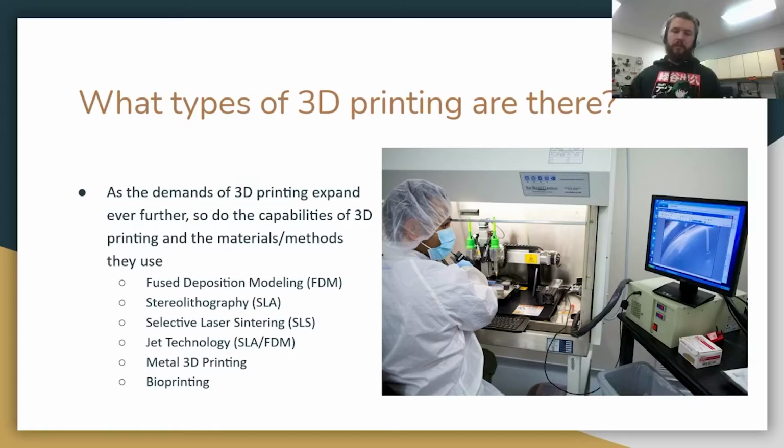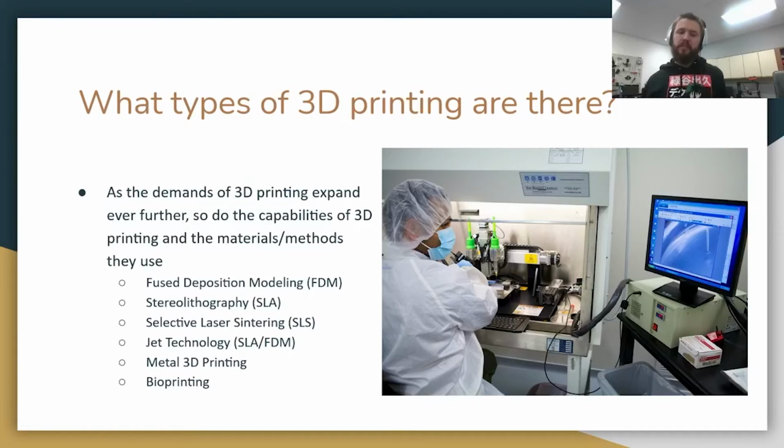So, I said earlier that we'd talk just a bit about 3D printing and what kinds of 3D printing there are. Just to run through the list real quick, we have six fused deposition modeling printers here at Oak Hill Collaborative. Stereolithography, SLA, is one of the earlier types of 3D printing, that uses resin and UV light.